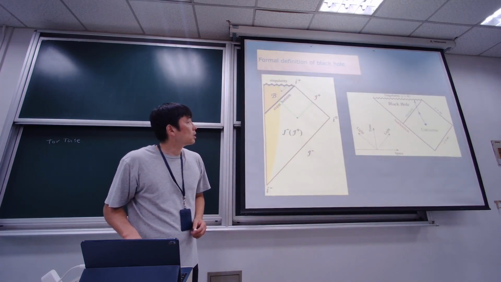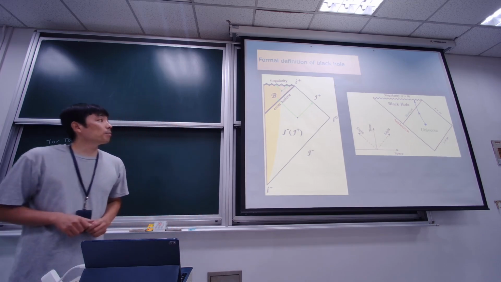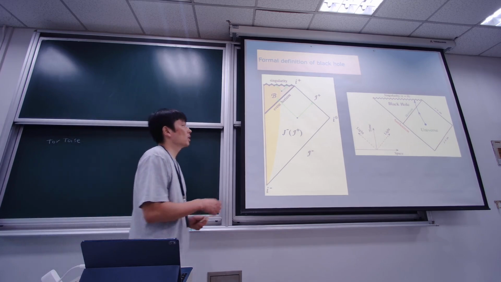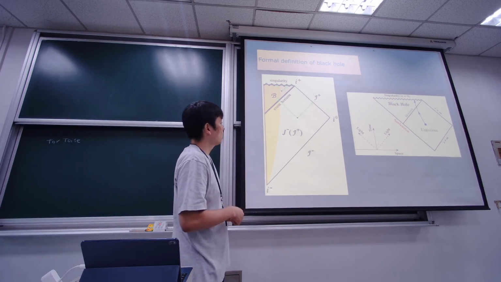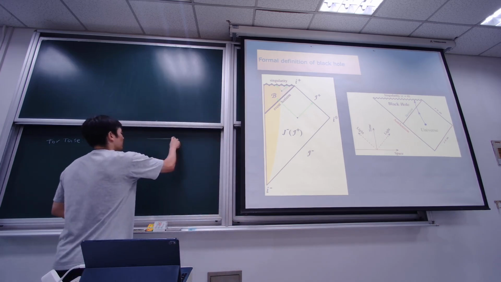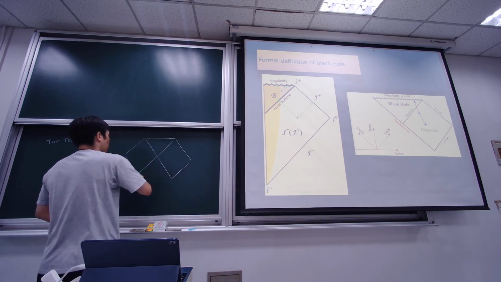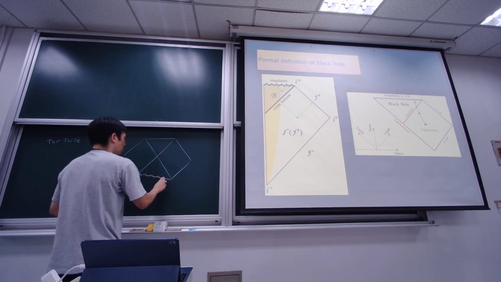Okay, and this is the Penrose diagram for the Schwarzschild black hole. Last time we only looked at this kind of diagram I drew. This is called an eternal black hole.